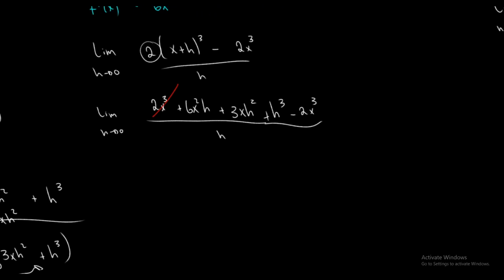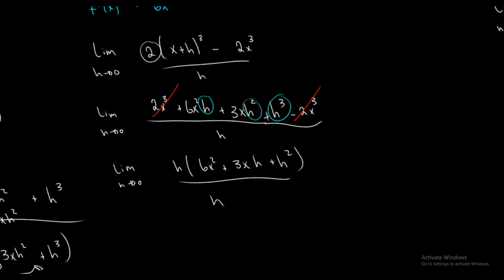So let's see. Well, we know the first and the last term will always cancel each other out if my equation is correct. So now I have the limit as h approaches 0. And we're going to factor with an h, because look, it contains an h, contains an h, contains an h. So let's factor. So now we have h times (6x squared plus 6x h, I remove one of the h's, plus 2h squared) over h.